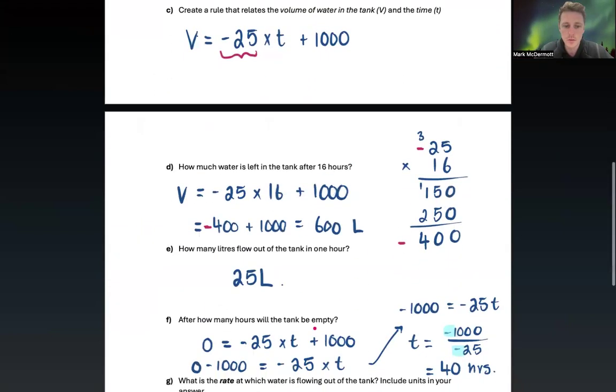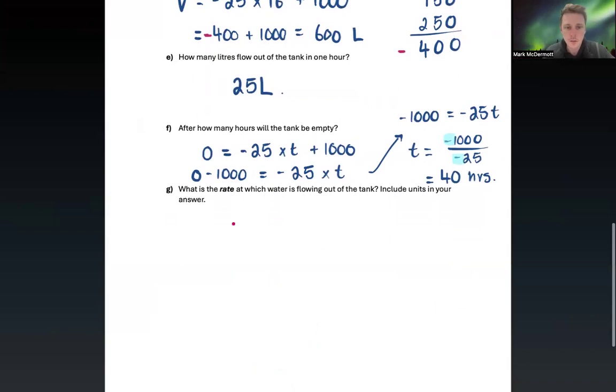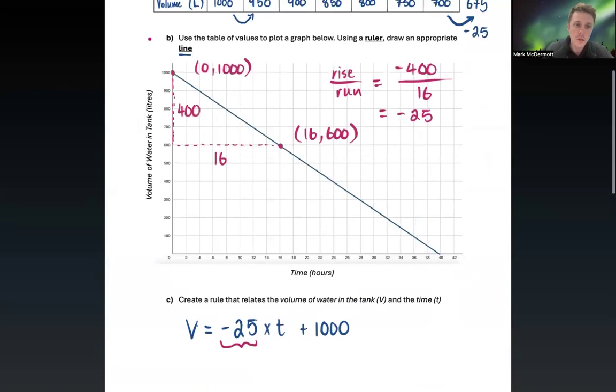But now the question says, what's the rate? So we would say that the rate, and this should hopefully make sense, is negative 25 liters per hour. Okay, because it says include units. And remember, rise over run. Well, along the rise axis or the y-axis, we have liters, and on the x-axis we have time, we have hours.